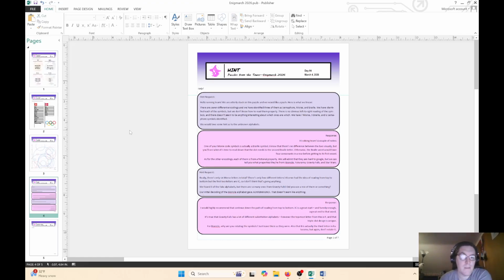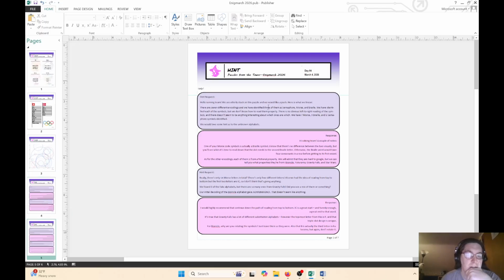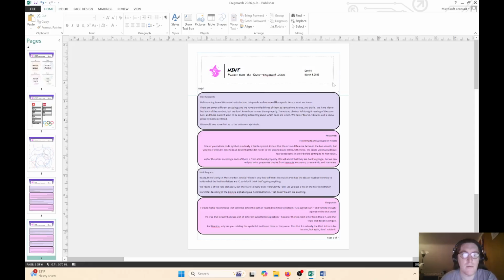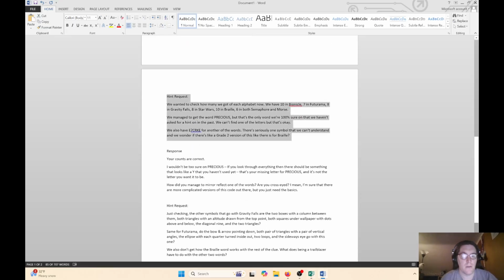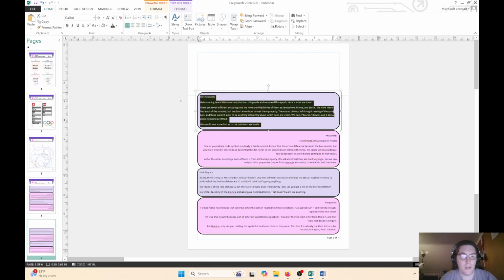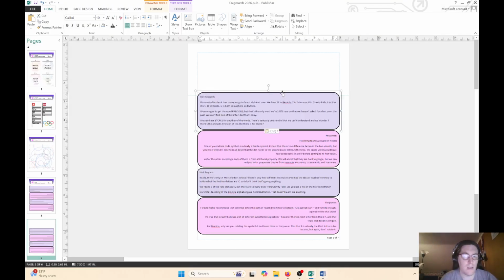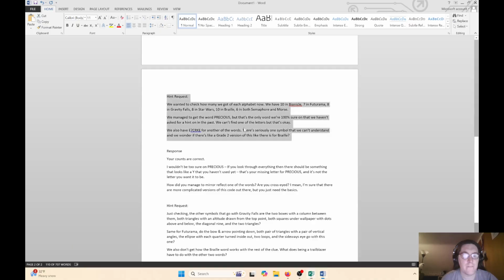Okay. We're going to insert a duplicate page. And then we're going to get rid of the header, get rid of all of that. Get rid of the flavor text. Great. This is going to go up here.